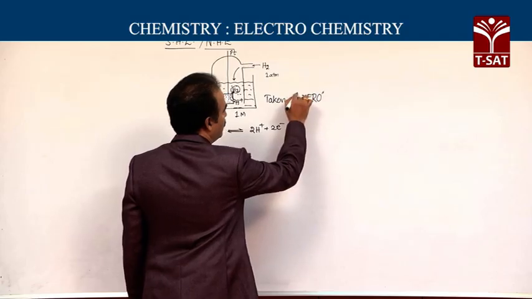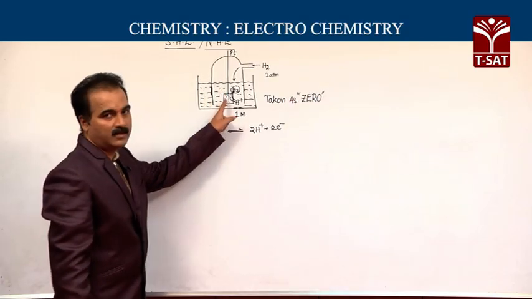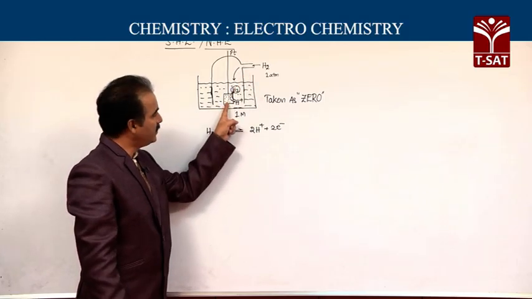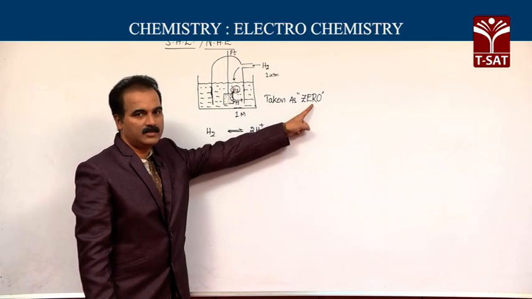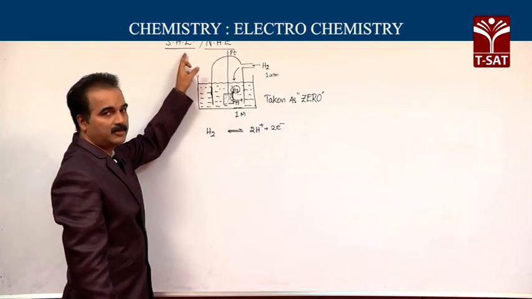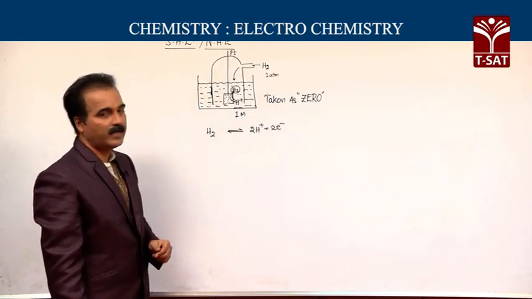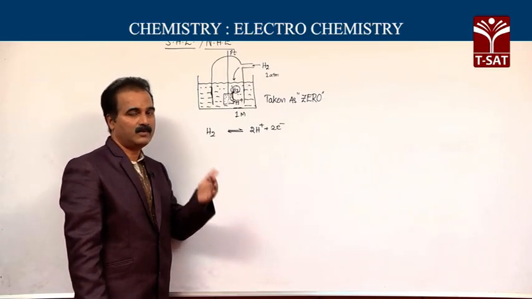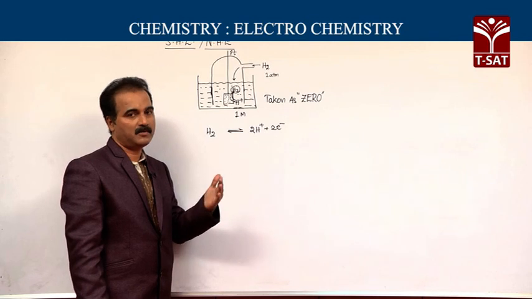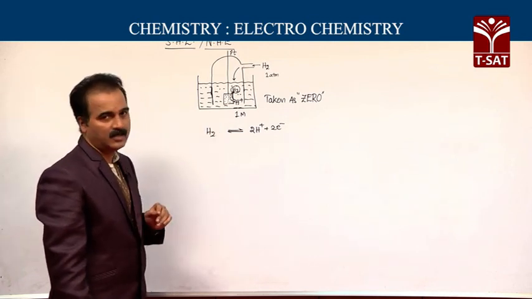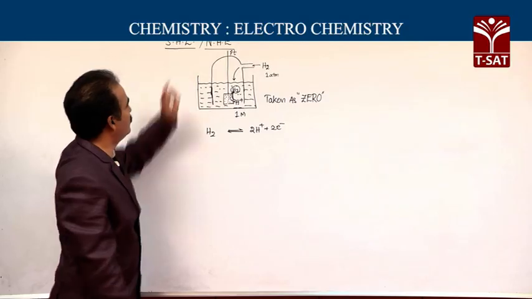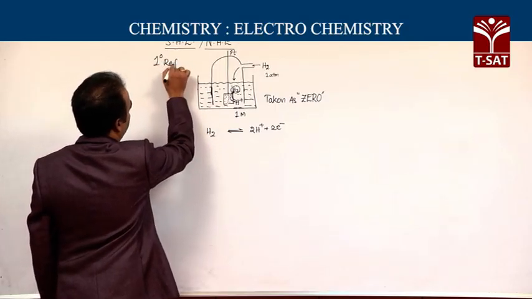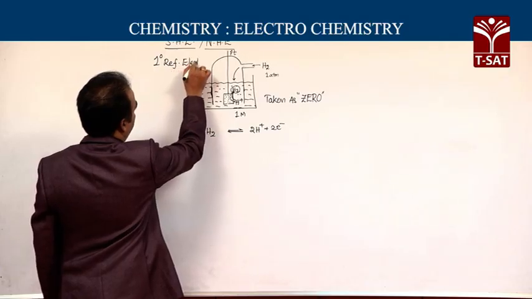Actually speaking, it is not 0, it is something. But for convenience sake, being a reference electrode, we take this electrode potential as 0, and with respect to the standard hydrogen electrode, we will find electrode potentials of different electrodes like zinc electrode, copper electrode, chlorine electrode. Different electrode potentials we can measure with reference to the standard hydrogen electrode, which is a primary reference electrode.